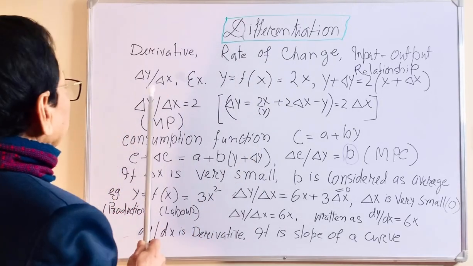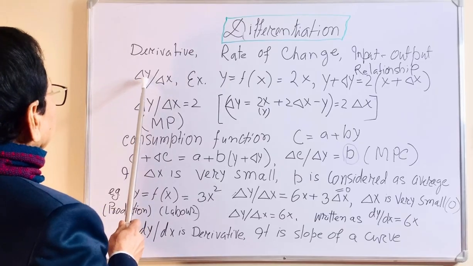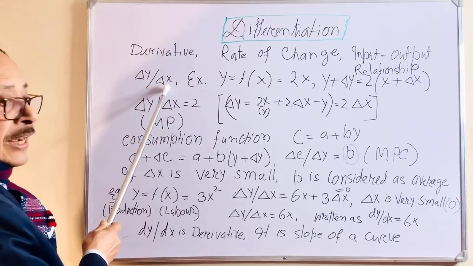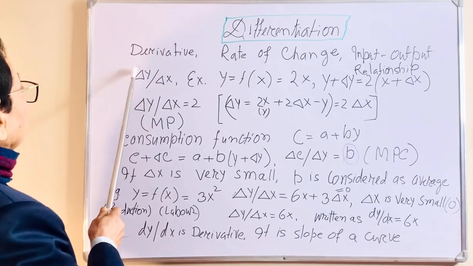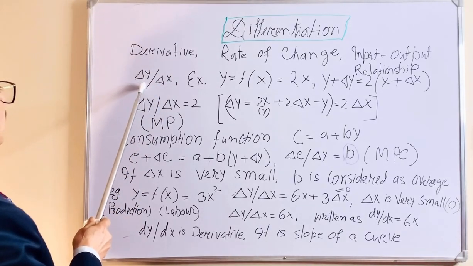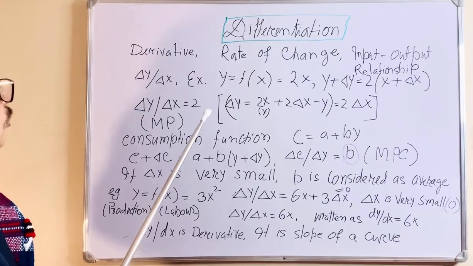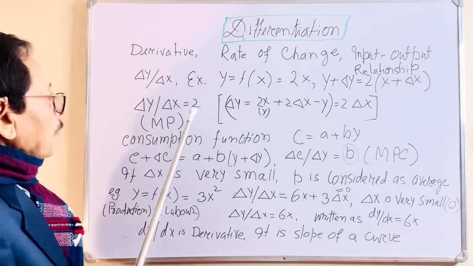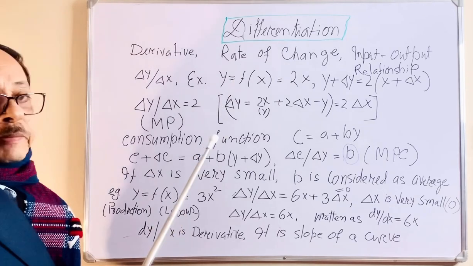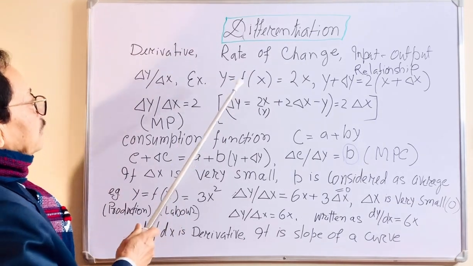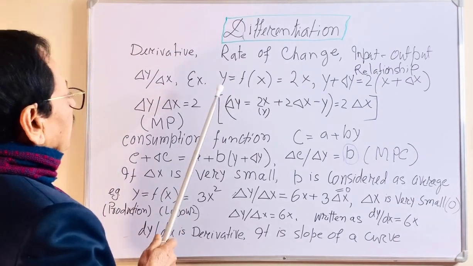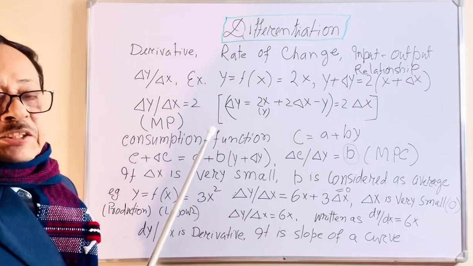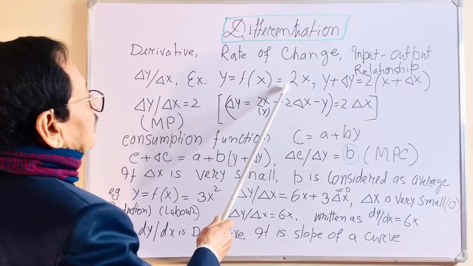It is delta y by delta x, that means change in y by change in x, that is the derivative. For example, y is a function of x. Suppose y is a dependent variable and x is an independent variable. What will be the change in y due to a unit change in x? Suppose the form is 2x.